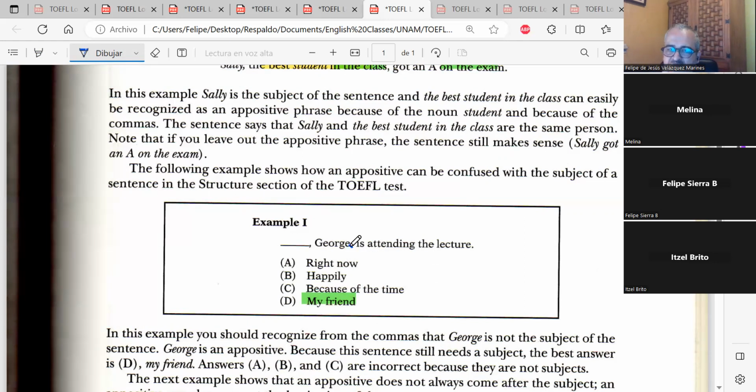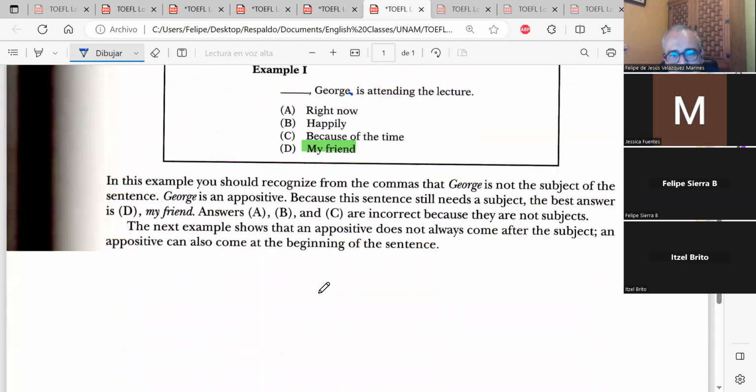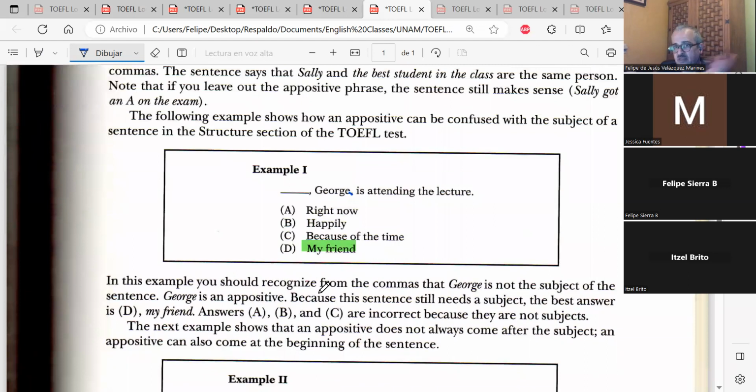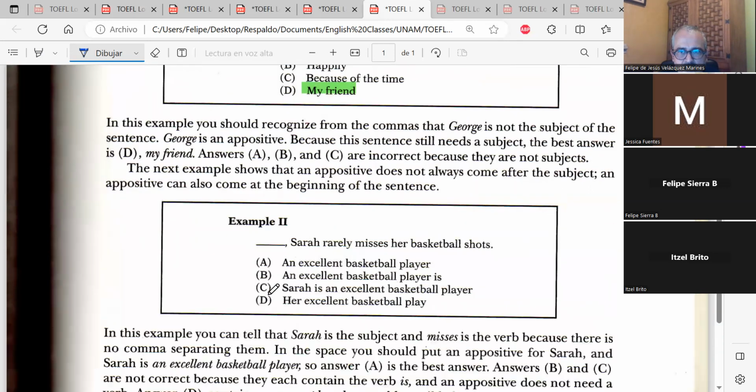But if I eliminate this comma, "My friend" becomes the appositive. And you have to read them in different ways: the first one with the two commas, "My friend, George, is attending the lecture," and the second one, "My friend George is attending the lecture." Okay.